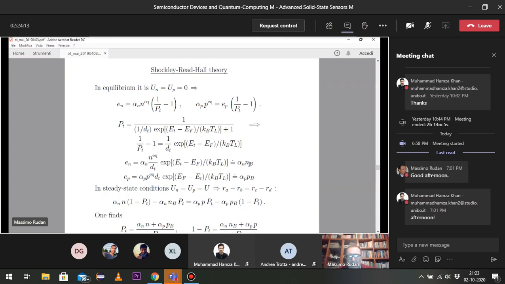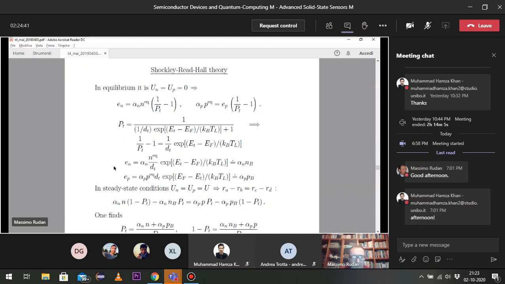If you do the same analysis with the holes, you find E sub p equal to alpha p times PB. Notice that PB is p of equilibrium times the degeneracy coefficient times the same exponential as before with the opposite sign in the exponent, okay?